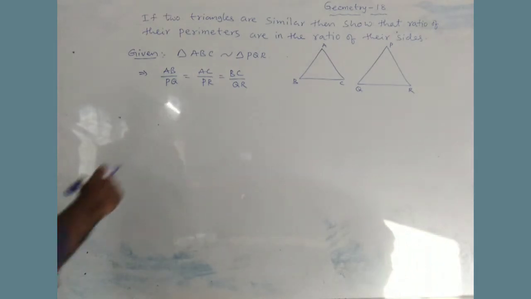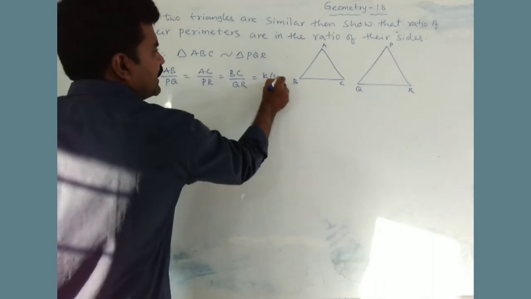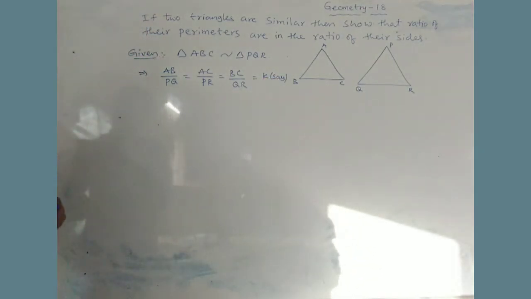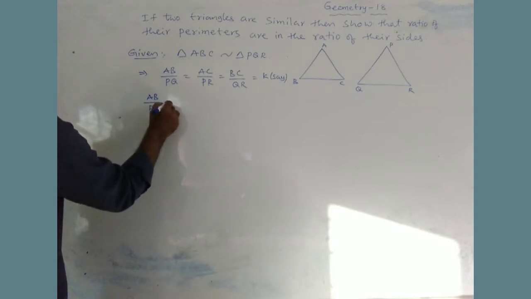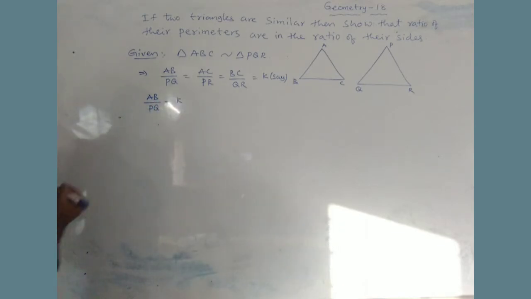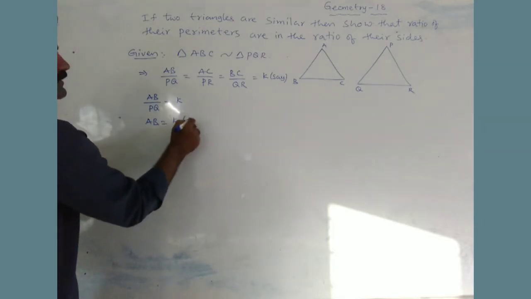So let us assume this ratio is equal to, say, some K. I can write that AB by PQ is equal to K. From this, AB is equal to K into PQ.